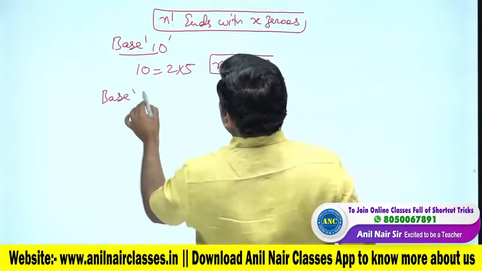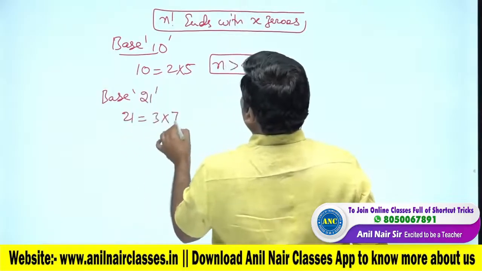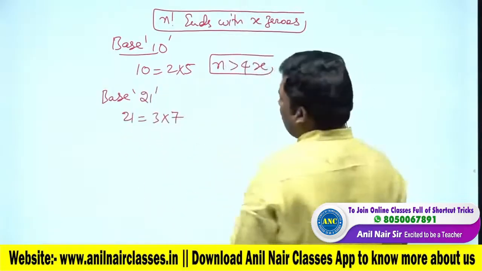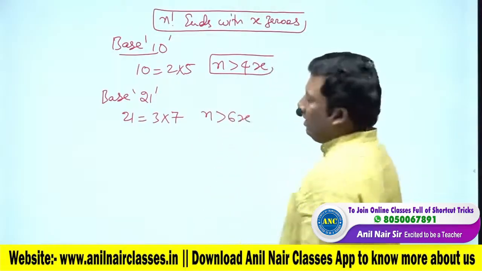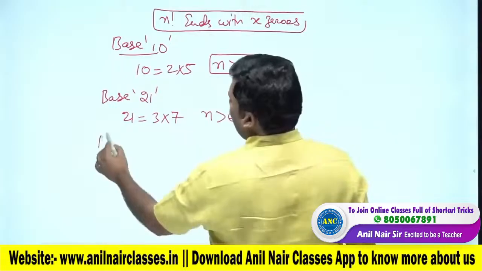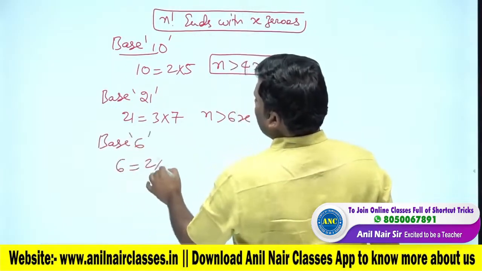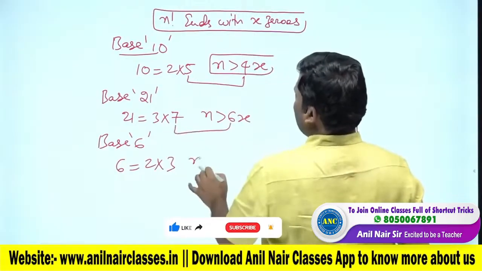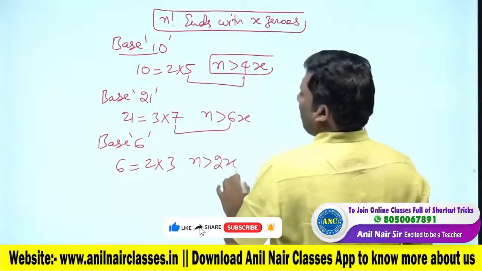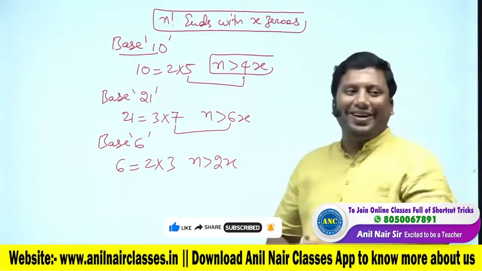For example, 21 is 3 into 7. N is greater than 6x. In base system 6, which is 2 into 3, 5 became 4, 7 became 6. N is greater than 2x. I hope the idea is clear.